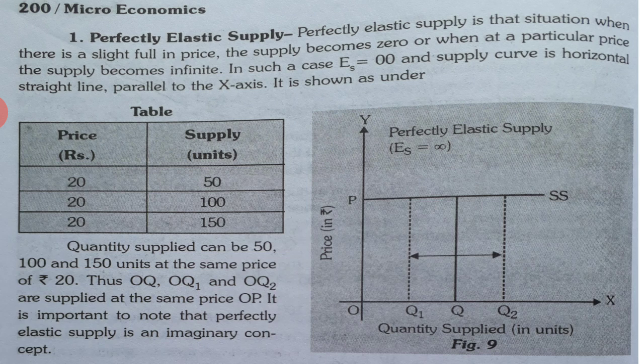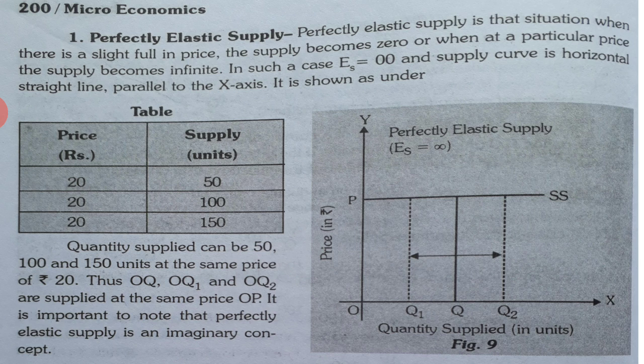So infinite, why is it infinite? Because it may be either the same in full price, it may become zero, or it may be infinite. So such a type of state is never found in an economy, whatever economy there is, mixed one, capitalistic or socialistic.